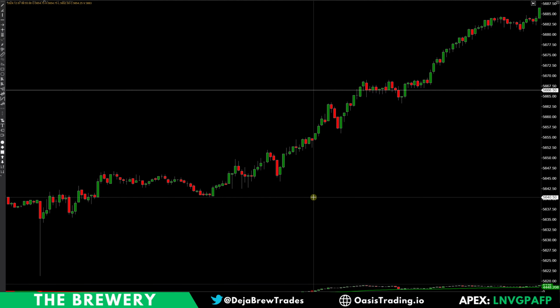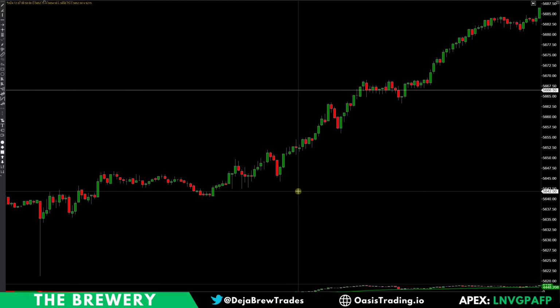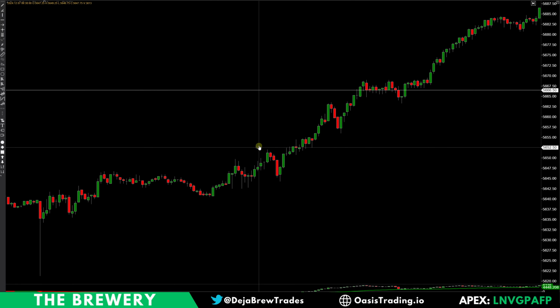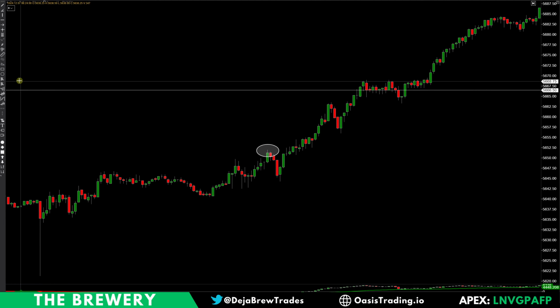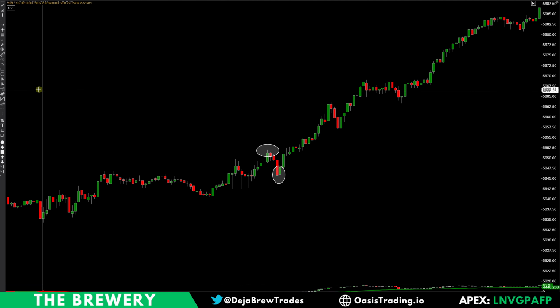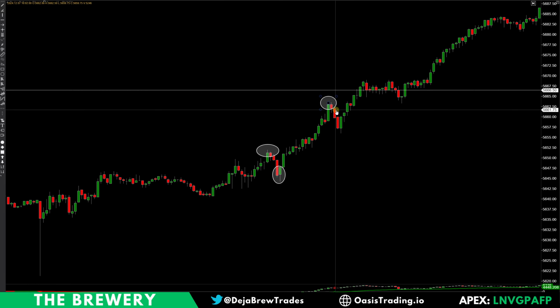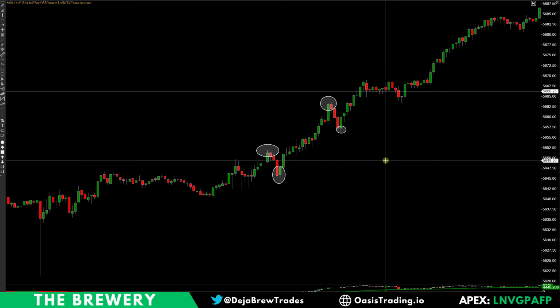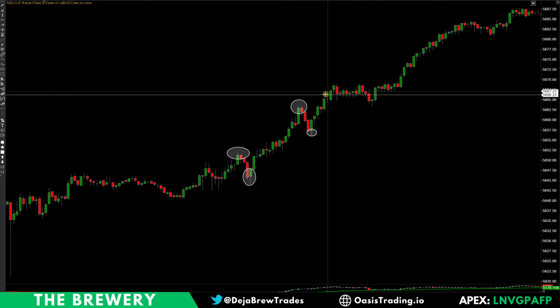But if you zoom out and you only care about the market structure, what are we seeing? Right away, we put in a higher high, we put in a higher low. And then we continue. We put in another higher high. We put in another higher low. And yet again, we continue, right?